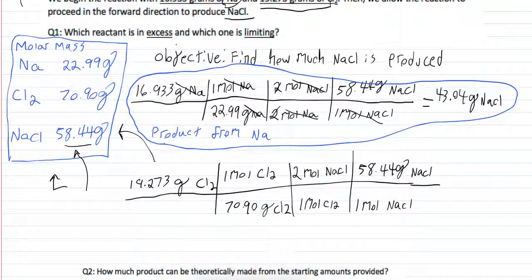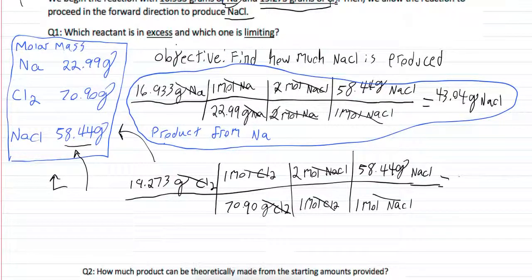Now go back through and cancel. Canceling is your best friend. Grams of Cl2 cancel, moles of Cl2 cancel, moles of NaCl cancel, and you're left in grams of NaCl, which is what you wanted. So get out your calculator and do the math. 19.273 times 2 times 58.44 divided by 70.90.